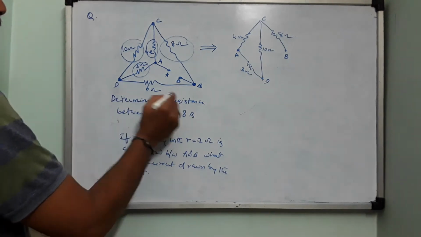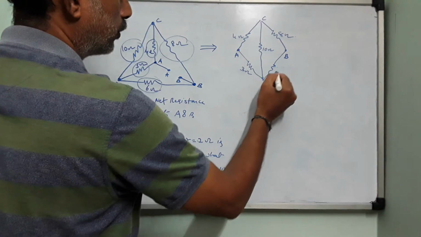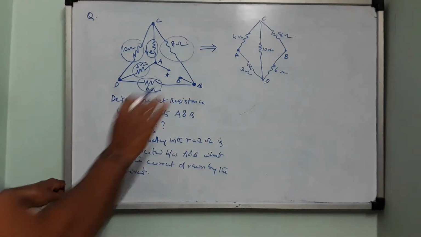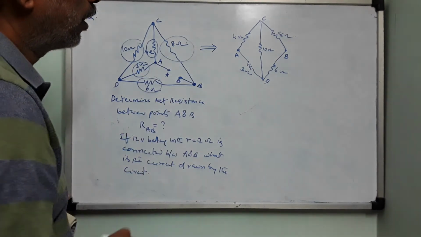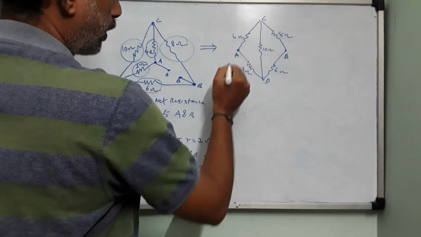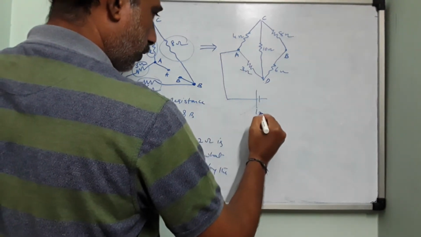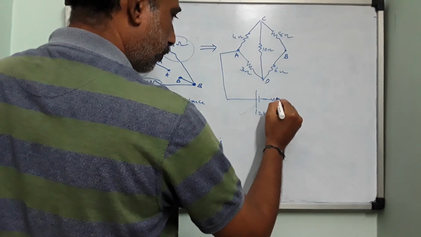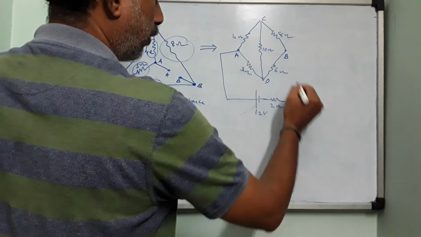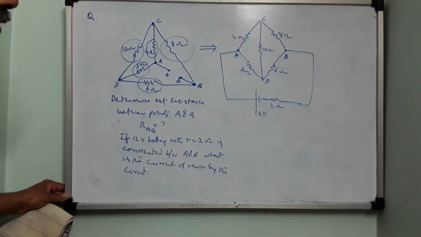And between D and B, there is 6 ohm. Children, now it looks to be a balanced Wheatstone's bridge. Now the second part of this one is, you have connected a battery of 12 volt with an internal resistance of 2 ohm. This entire thing is nothing but a cell, so it offers a resistance of 2 ohm. This is the equivalent circuit for the given question.